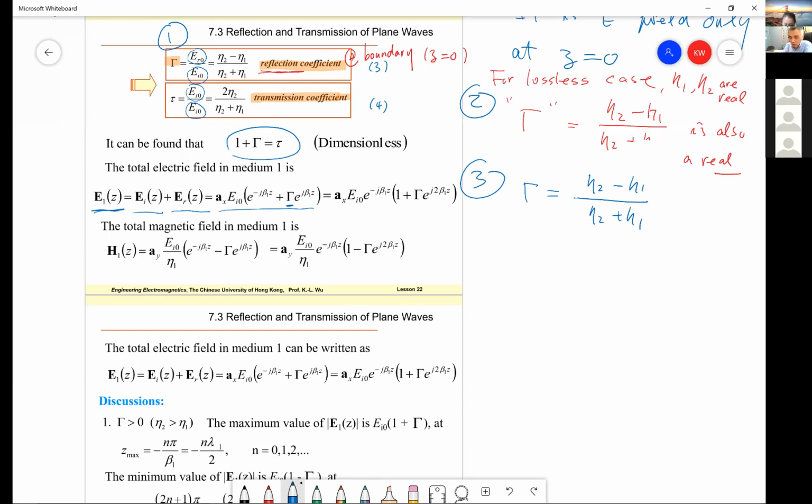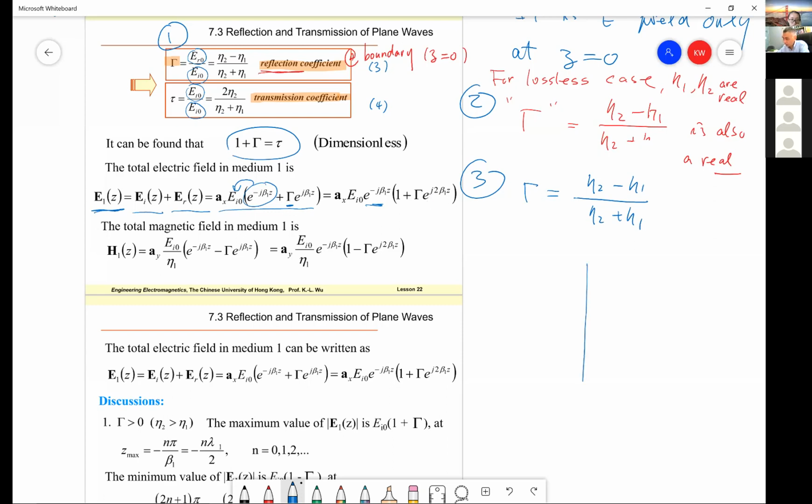Let's do a little bit more. One more step is to extract this term out of the bracket, so this term becomes 2 times. What does 2 times mean?